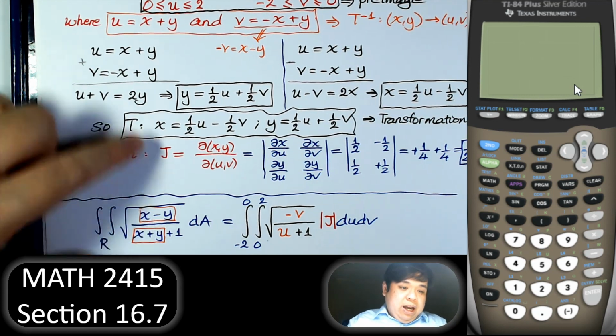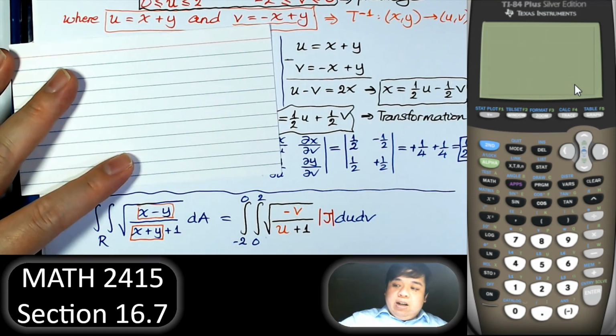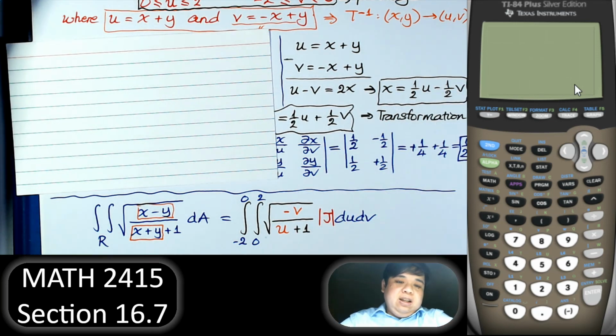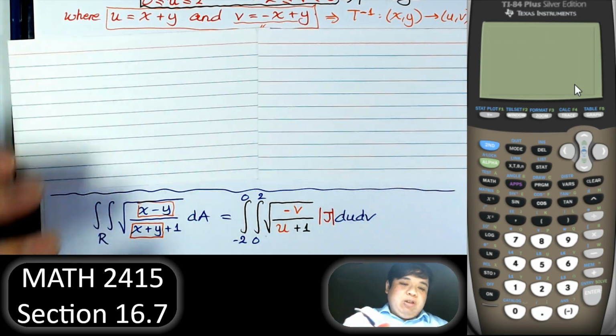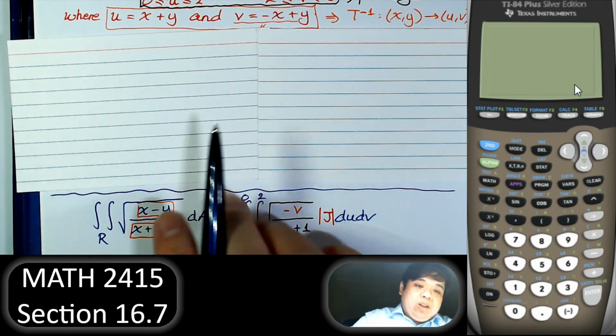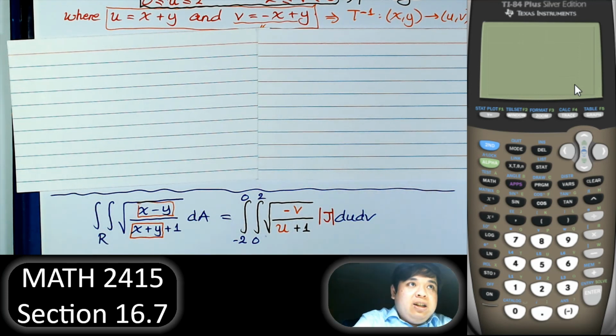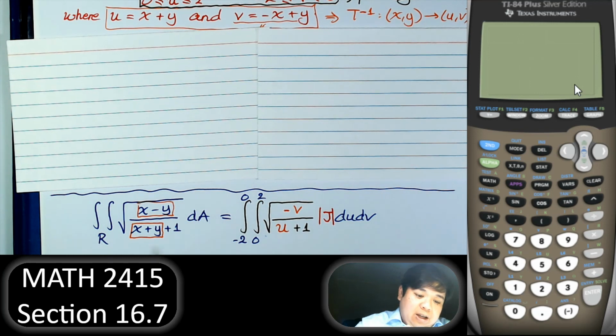So we can use this even if we haven't done any transformation. We still are able to do this without the step that we have here, because that gives us u and that gives us negative v.